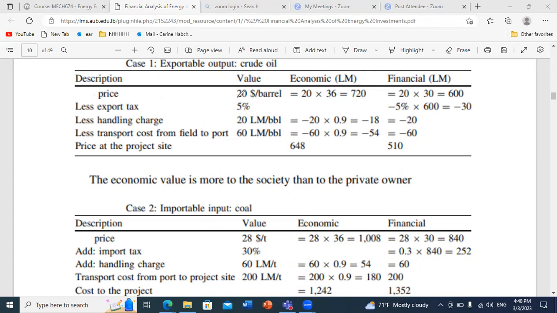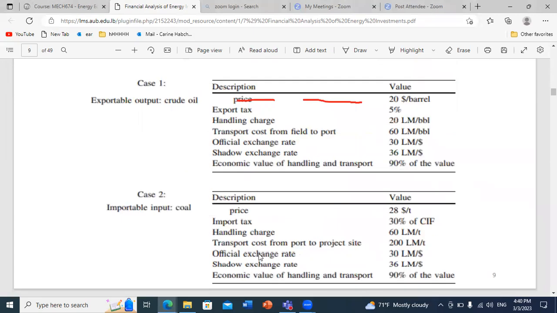But when you conduct the economic analysis, which rate do we take? As we mentioned, we have two rates here: the official one and the shadow one. In the economic analysis, you will take the shadow exchange rate, while in the financial analysis, you will take the official exchange rate. That's why the price will not be the same in economic and financial analysis.